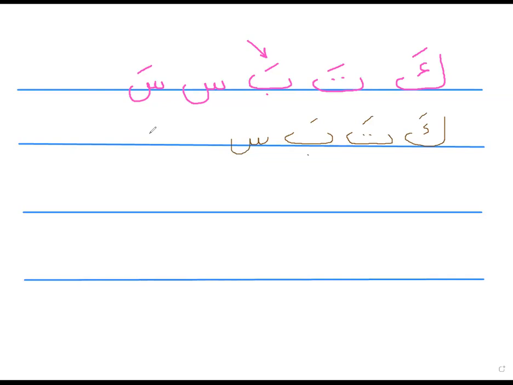And with the fatha on top, mashallah, that's sa. Okay, my sister Fatima, my sister Karen, please let me know if you're trying. And I'll be very happy if you can send me a picture of your writing on WhatsApp, so I can correct any mistakes if there are any. But as you see, if you take it one step at a time, mashallah, it looks good.